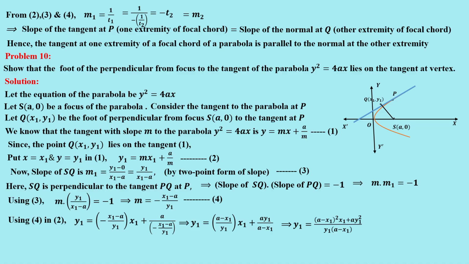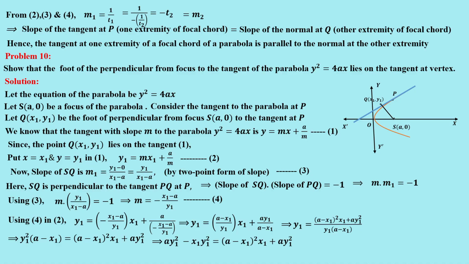So y1 equal to, just take the LCM on the right hand side. y1 into (a minus x1) is the LCM. Do the cross multiplication: (a minus x1) square into x1, plus a y1 square, divided by y1 into (a minus x1). Again do the cross multiplication on the other side: y1 into y1, y1 square into (a minus x1), which is equal to (a minus x1) square into x1 plus a y1 square.